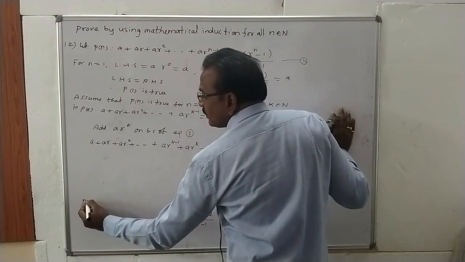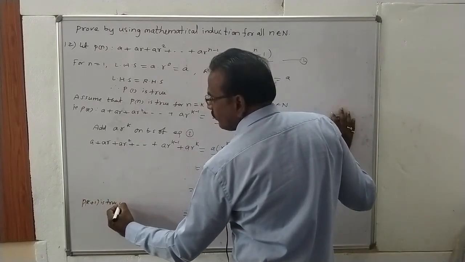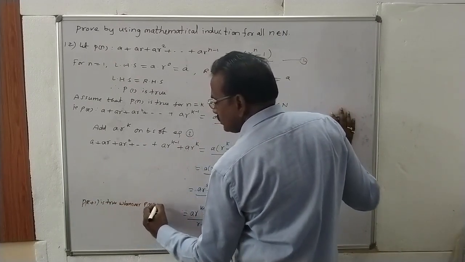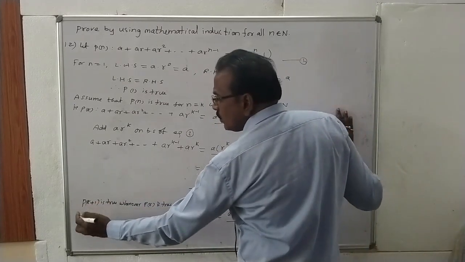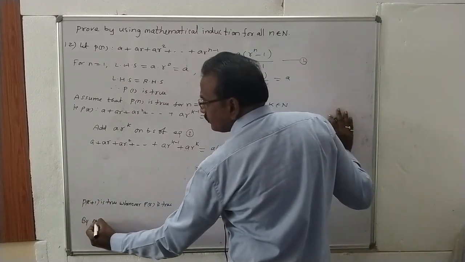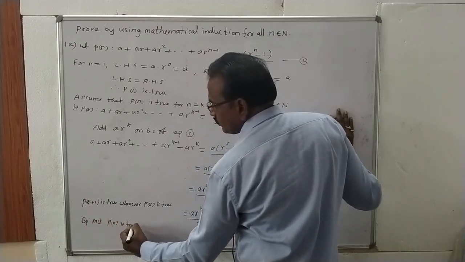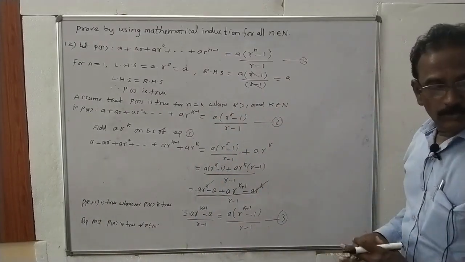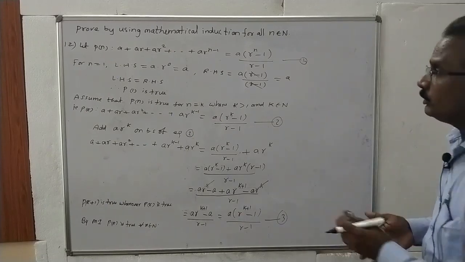So P of k plus 1 is true whenever P of k is true. By mathematical induction, given statement P of n is true for all n belongs to N. So this is the 12th question. 13th and 14th are the same model. So, right, 13th question.